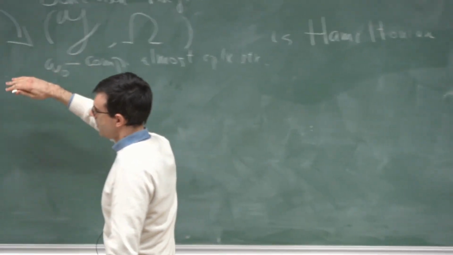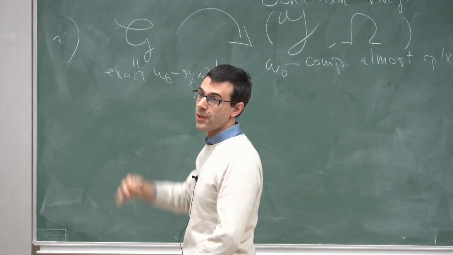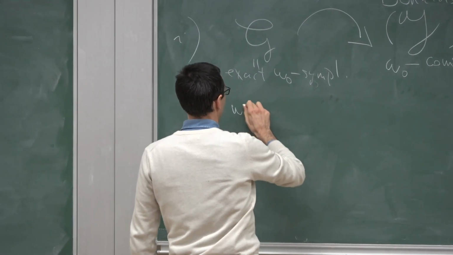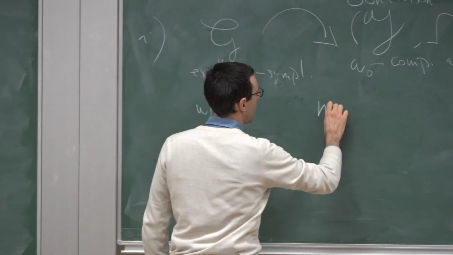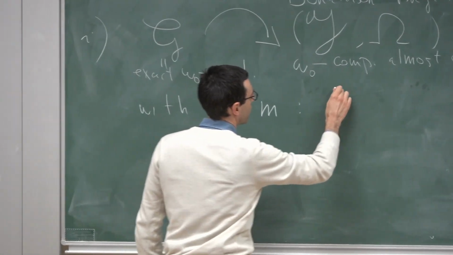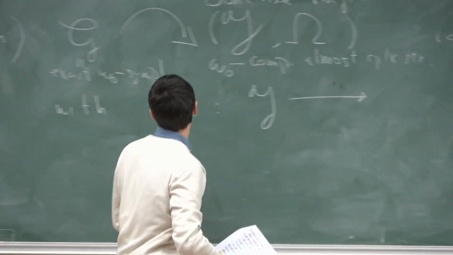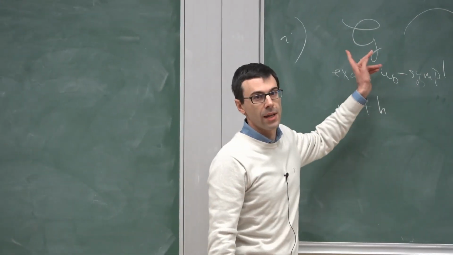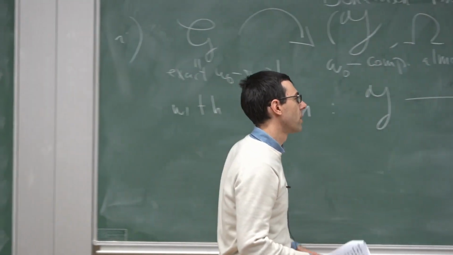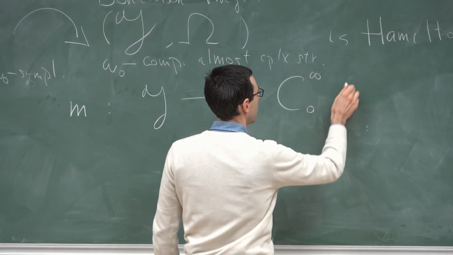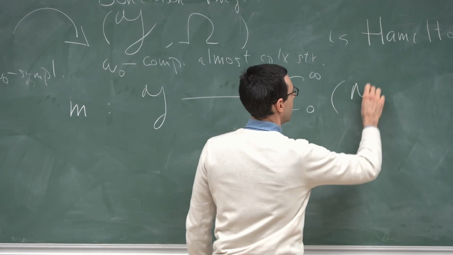All the Hamiltonians for infinitesimal generators of the action fit together into a moment map. And we call it M. So this is going from J to the Lie algebra, or the dual of the Lie algebra of G, which we identify with the Lie algebra using this L2 inner product. So this is mapping to C infinity zero average on M.